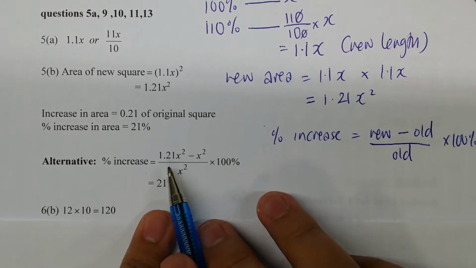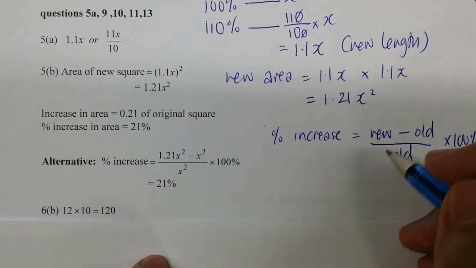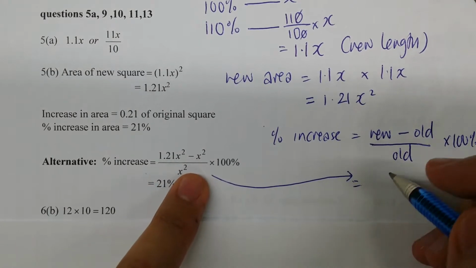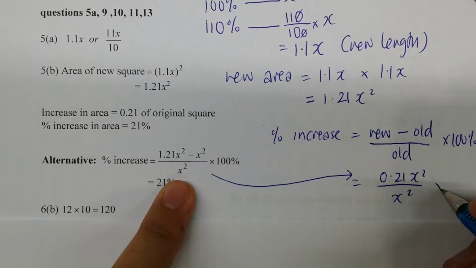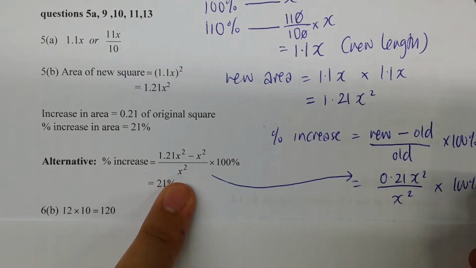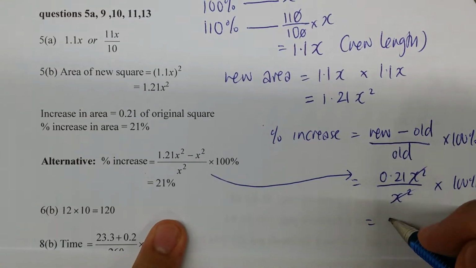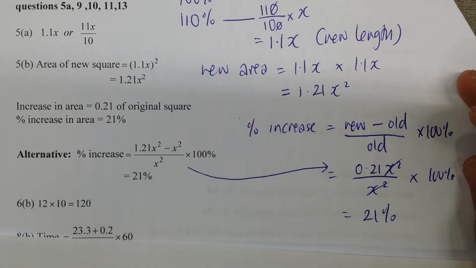Look at the top. 1.21x squared minus 1x squared is 0.21x squared, over x squared, times 100%. The x squared cancels. 0.21 times 100% is 21%. No? Okay, get it?